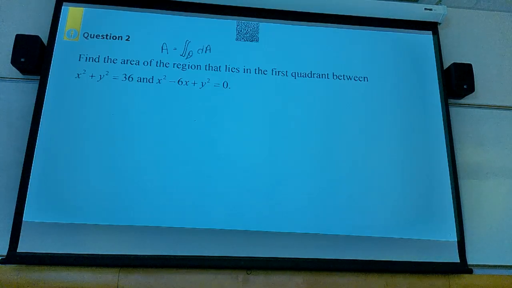Remember, area is just a double integral, and so we integrate over the region of 1 dA.